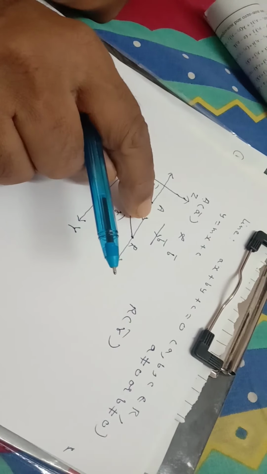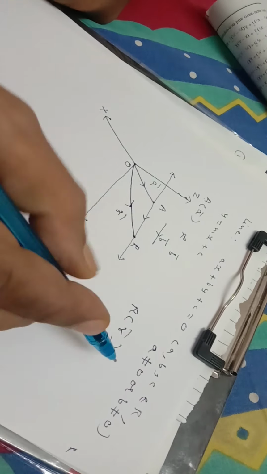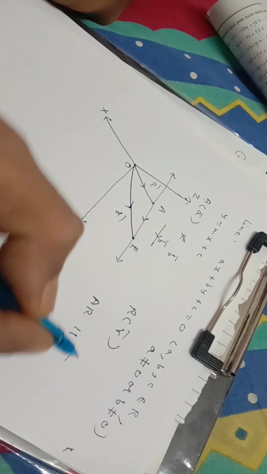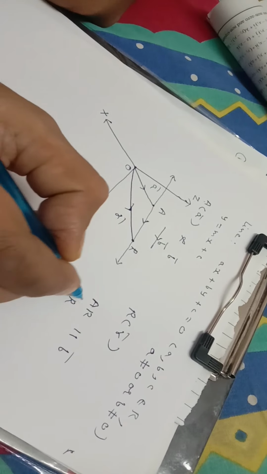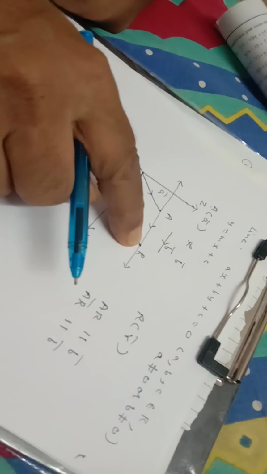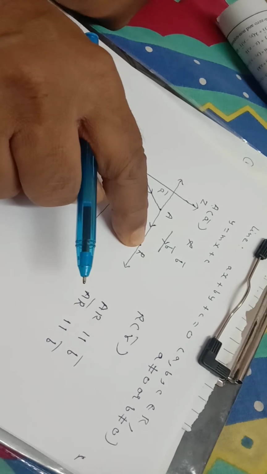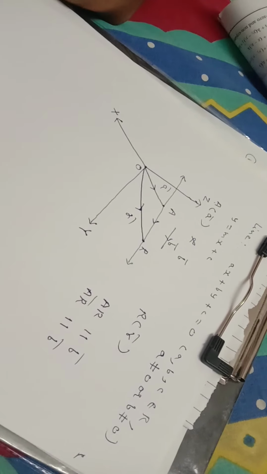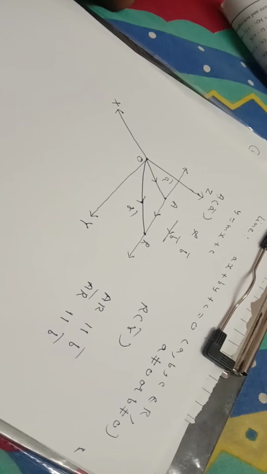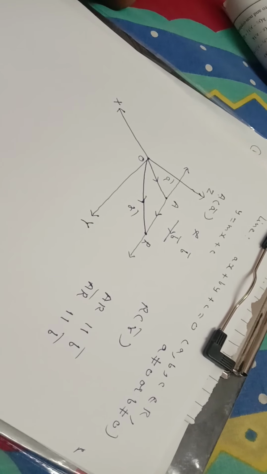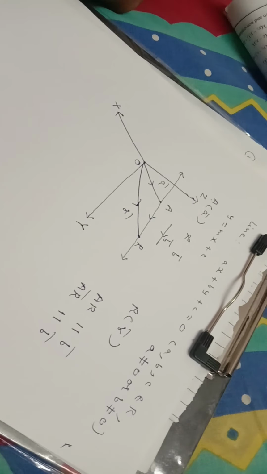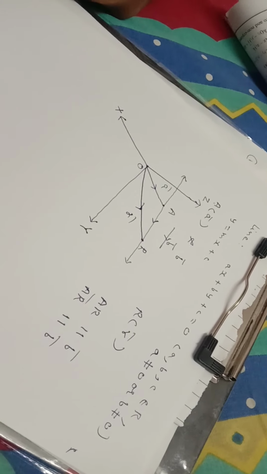Now as B bar is parallel to line, it means AR is parallel to B bar. So we can write AR bar parallel to B bar. As line is parallel to B bar, this vector along this line is also parallel to B bar. And we have already seen that when two vectors are parallel to each other, we can express one vector as scalar multiple of other.